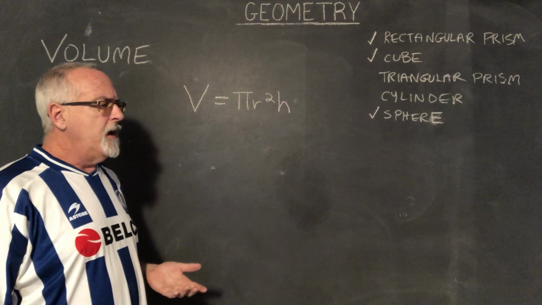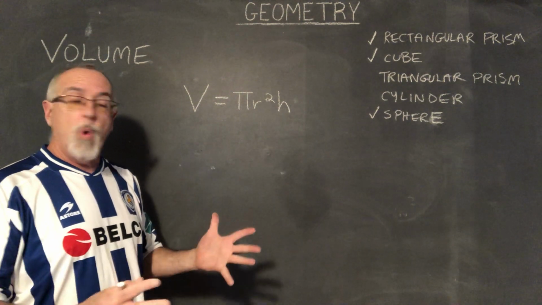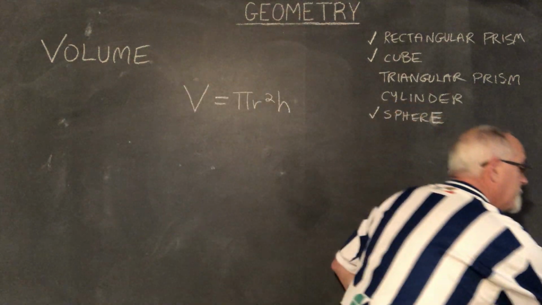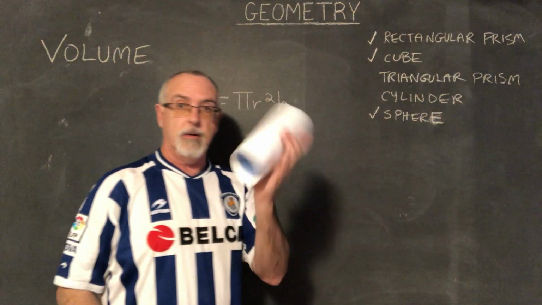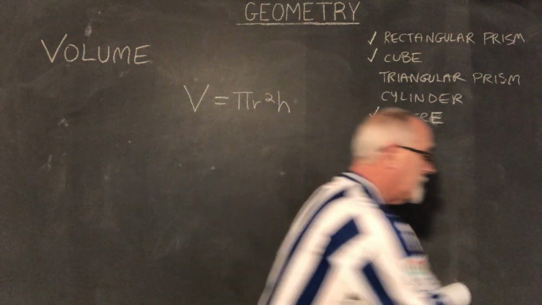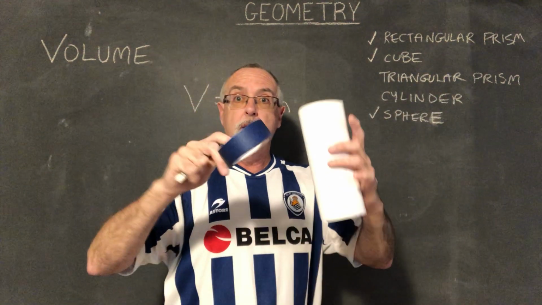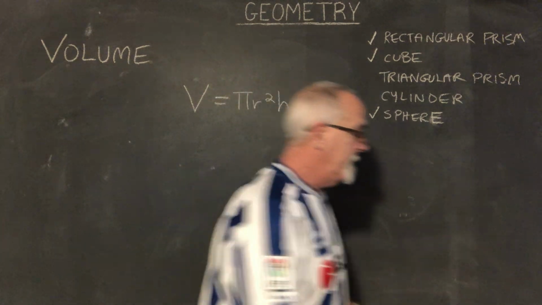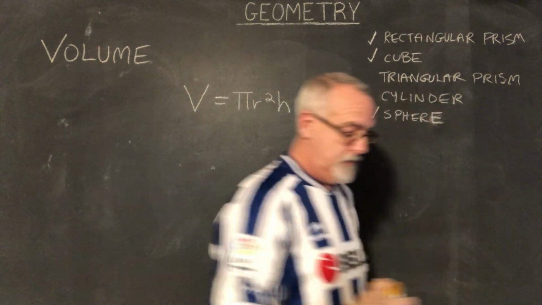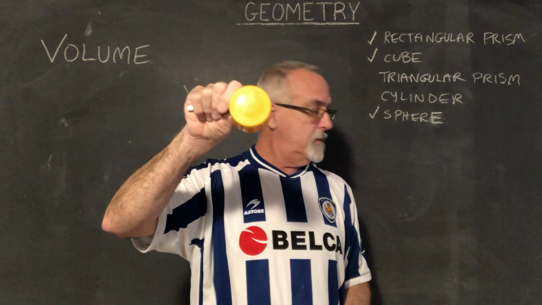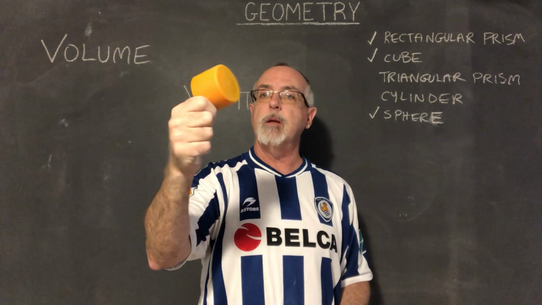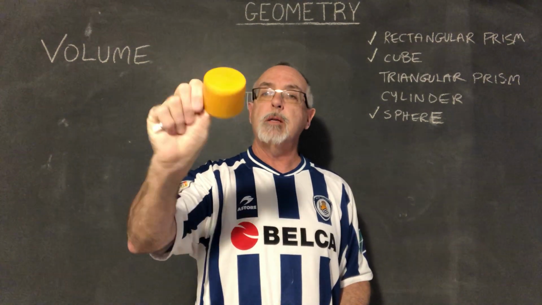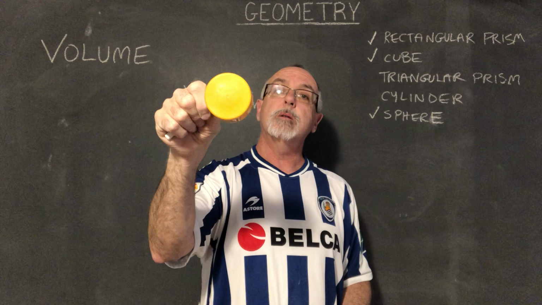That's interesting. Are we surprised? No, because we can see that a cylinder, whether it's this one or this one, or even this one, has a circle involved. There's that plastic cap from something. That's a cylinder, and there's the circle.